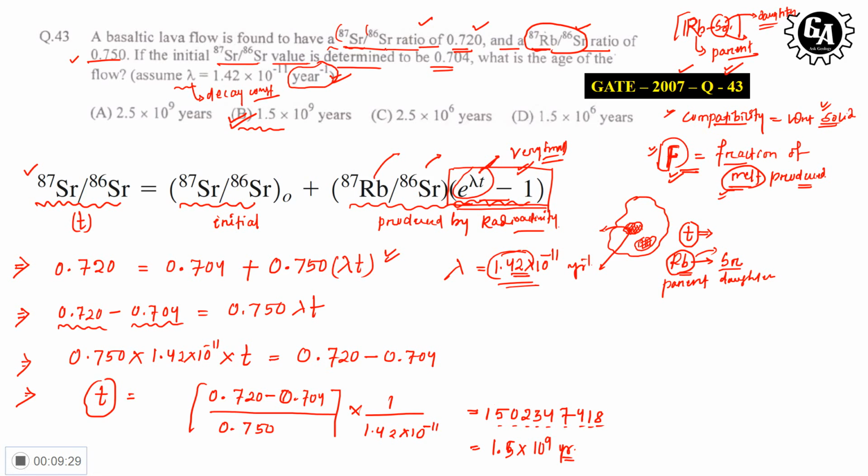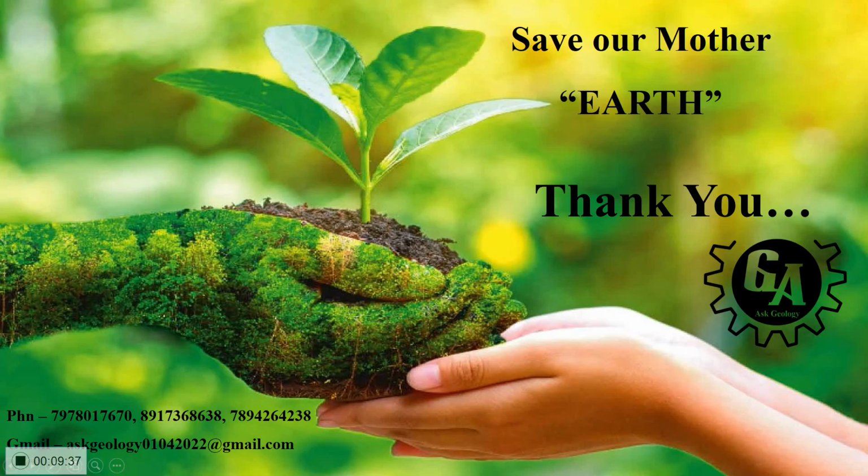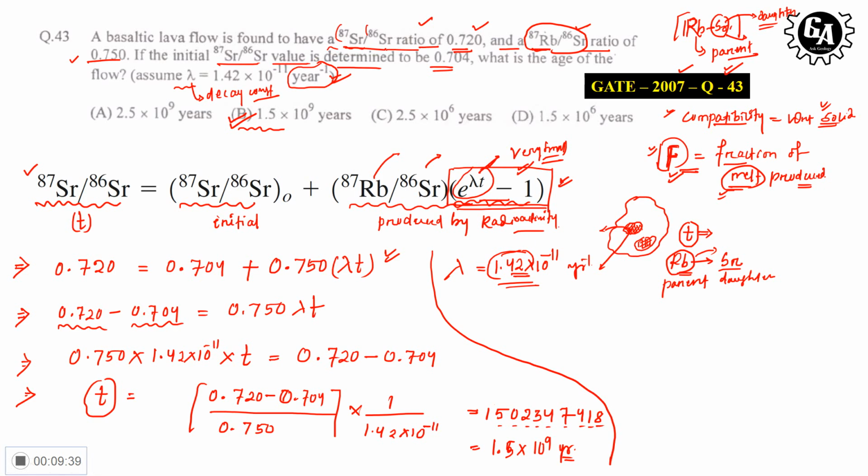But if someone uses the total formula, then what is the expected answer? If you use the whole formula, then the calculated answer, I have also calculated in this formula, is around 1.48654 into 10 to the power 9 years.